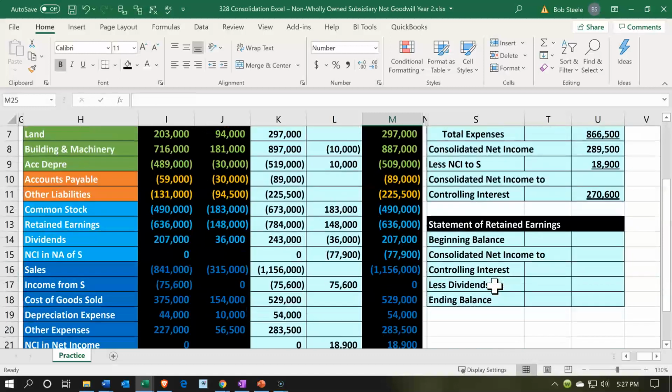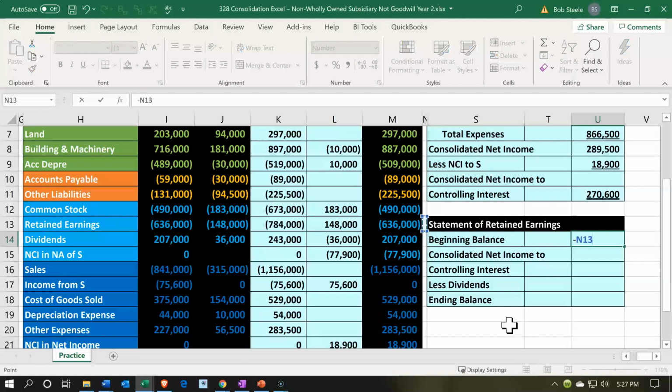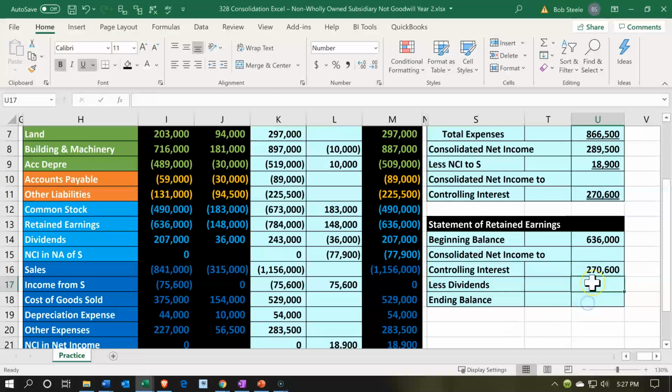So the equity, the retained earnings calculation. I'm going to recalculate retained earnings here. So we'll say the beginning retained earnings was this. It's what's on the trial balance before we close everything out into it. And then we've got the number, basically kind of like our net income number, the consolidated net income to controlling interest. And that's going to be the 270,600 less the dividends. So we'll pick up the dividends. I'll put them in there as a negative so we could just sum it up.